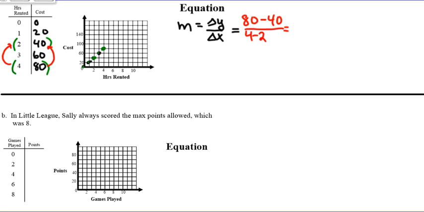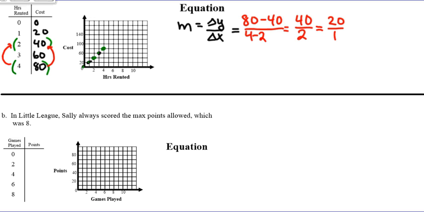So we end up with 80 minus 40 is 40, 4 minus 2 is 2. So we have a slope of 40 over 2. But remember, what do we always have to do with a slope? Our slope always has to be reduced, which becomes 20 over 1.